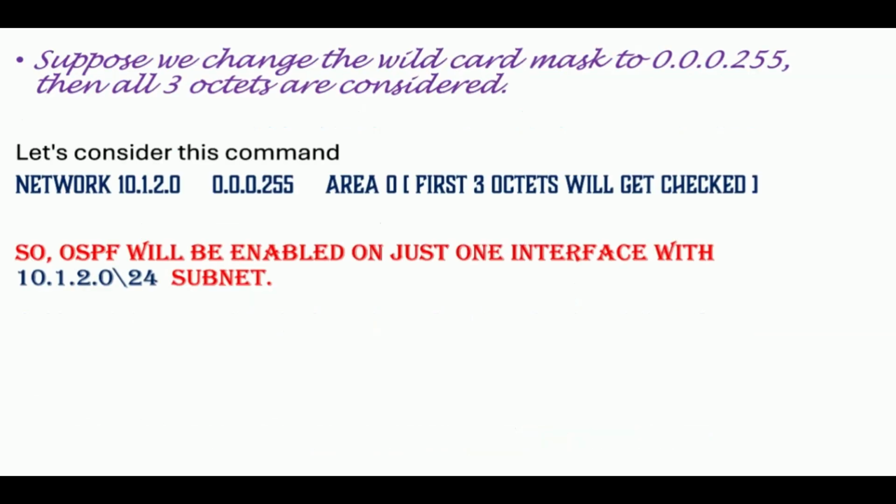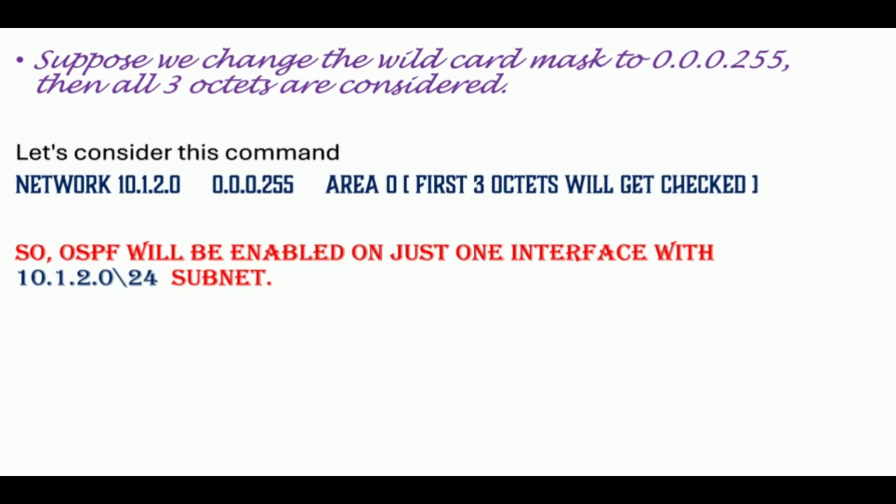Suppose we change the wildcard mask to 0.0.0.255. Then the first three octets are considered. Let's consider this command. First three octets will get checked. So, OSPF will be enabled on just one interface with the 10.1.2.0/24 subnet. We need to decide the wildcard mask based on the situation.